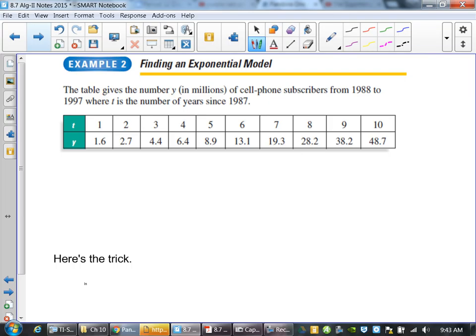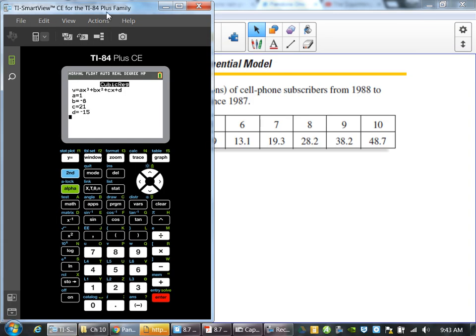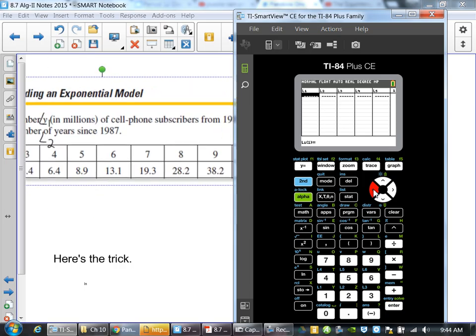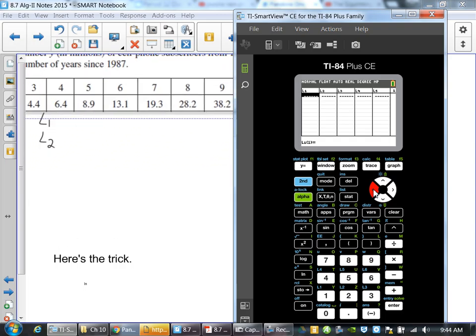So clear your lists with second plus 4, and then we go to stat, edit, and we want to do L1, L2. L1 is 1 through 10.